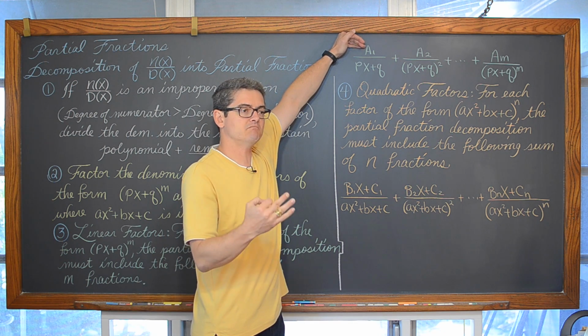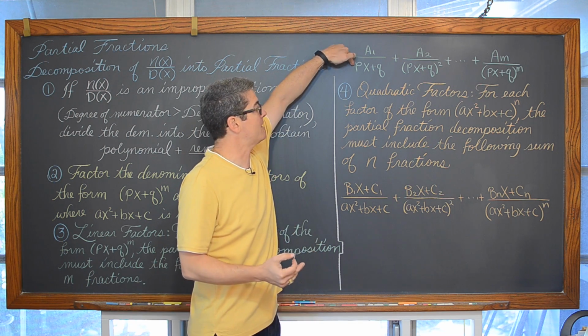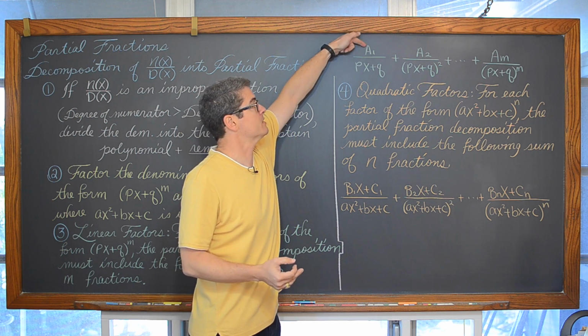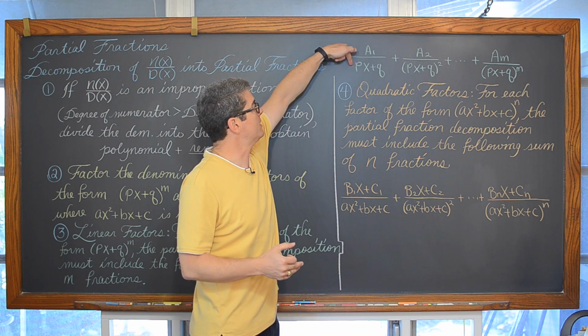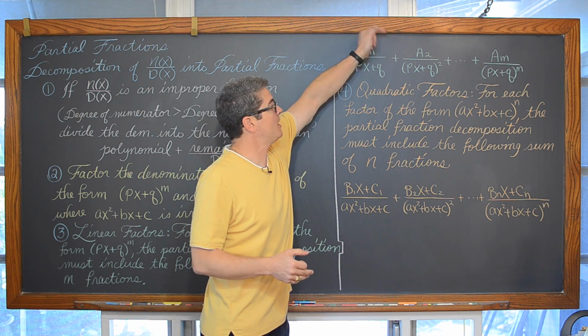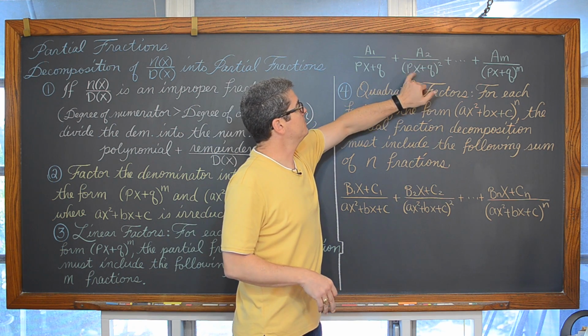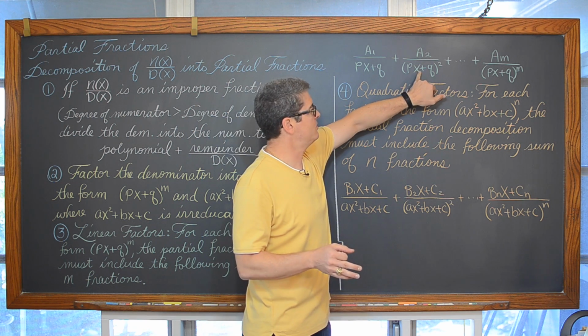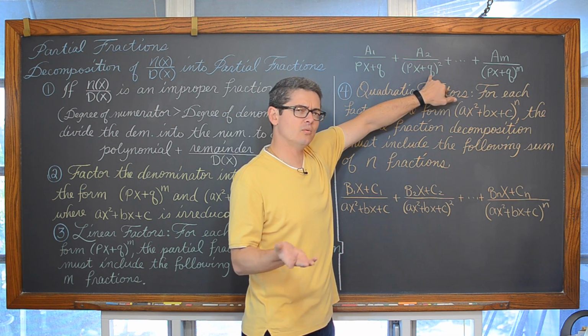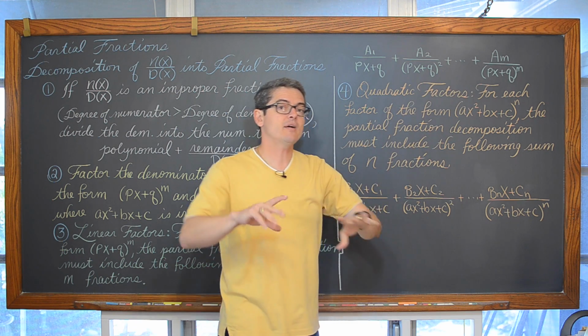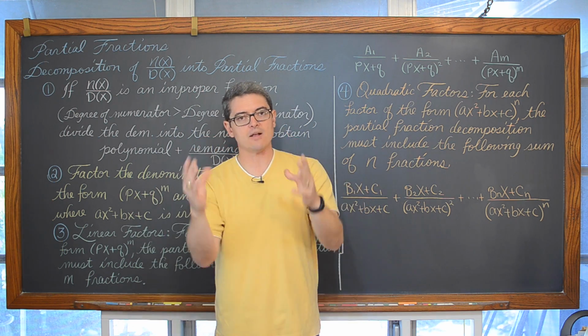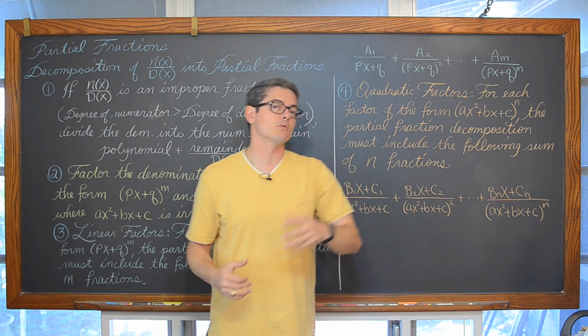A constant has a degree of 0, and we're talking about factors with a degree of 1, so we're just going to reduce that degree by 1. So for a linear factor, we have a constant A sub 1 over px plus q, plus A sub 2 over px plus q again, only now to the second power. So if you have a factor show up more than once, we'll say that this factor is raised to the second, the third, the fourth power, and so on.